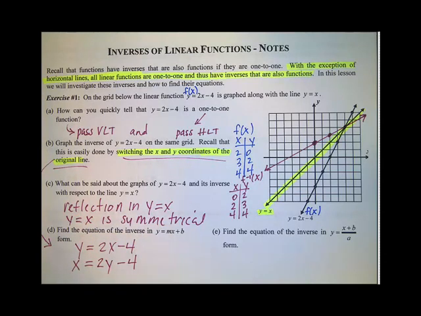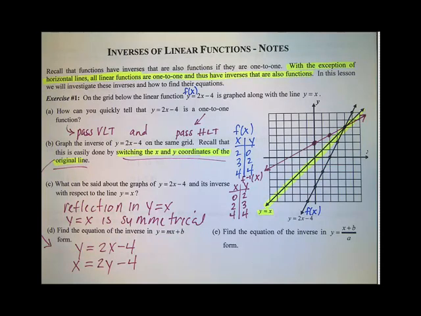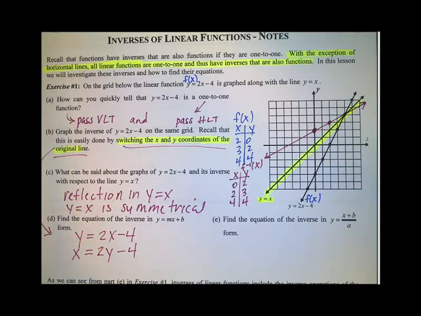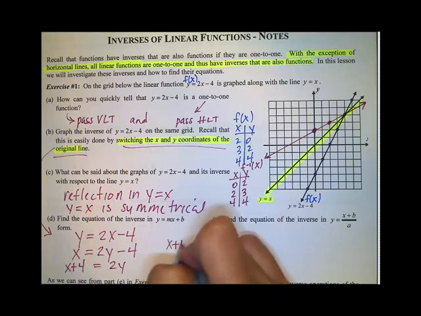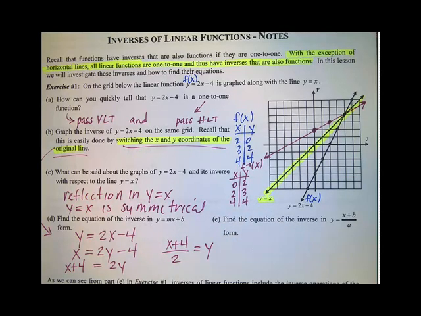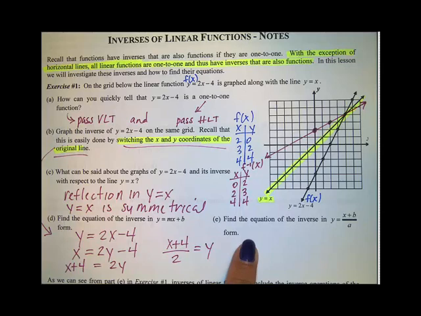Well, we need it to be in y equals form, or slope-intercept. So how do I get y alone? How do I undo subtract 4? I add 4. How do I undo multiply by 2? I divide by 2. And there's my equation, which was my answer to part E.